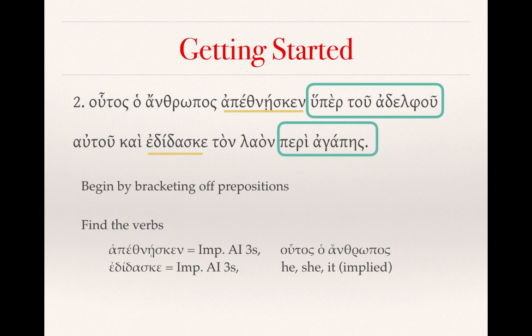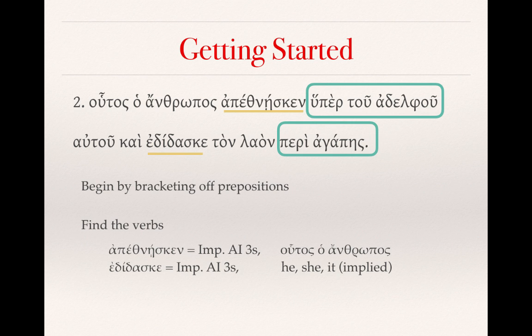And so again, there is no definite ending for edidasken, but in this case we would be encouraged to see a third singular again. In this case, maybe it's the reference to houtos ho anthropos, and it's continuing into this second part of the sentence. But we would parse it as imperfect, active, indicative, third singular.